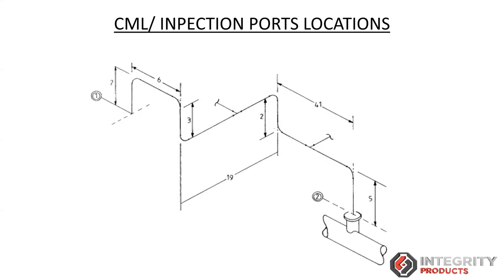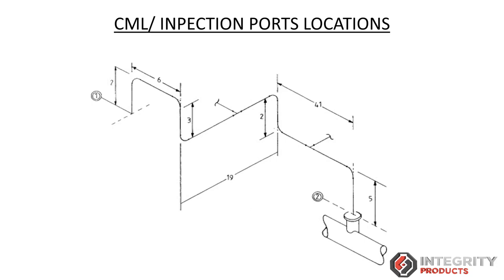Yeah, absolutely. And we get asked this question a lot: can we help specify the location of where inspection ports should be installed? But there are so many different aspects that it's really hard to do that. We can of course say at any change in direction or any junction, anywhere where you've seen historical problems of corrosion.